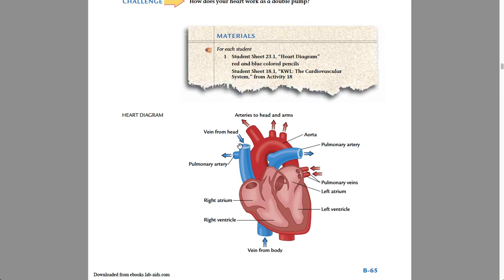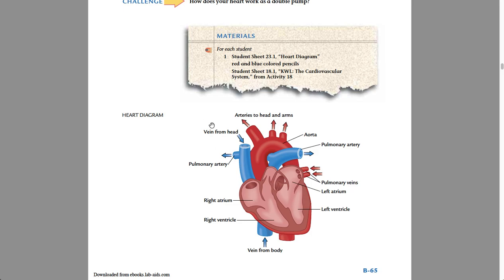Okay, so veins from the head, this is called the vena cava, enter the right atrium, pump down to the right ventricle. The right ventricle then pumps this blood, which is deoxygenated, to the pulmonary artery. So the pulmonary artery goes this way to the left lung and this way to the right lung, right?